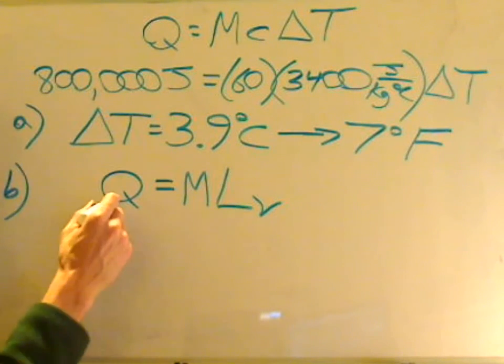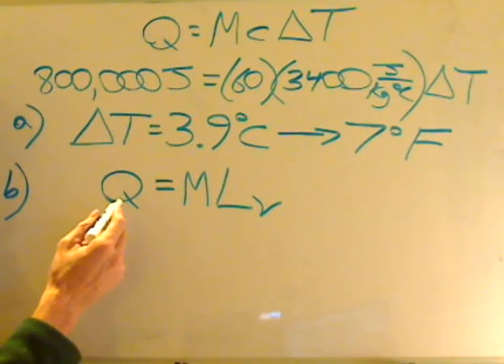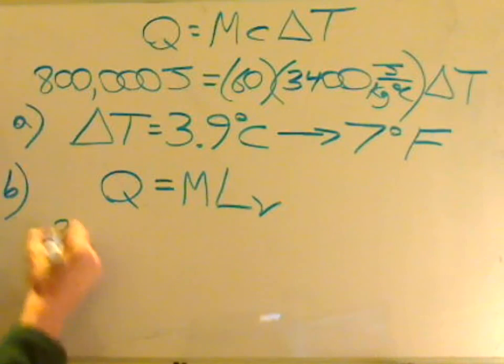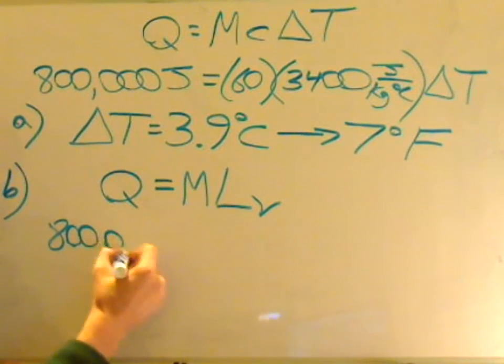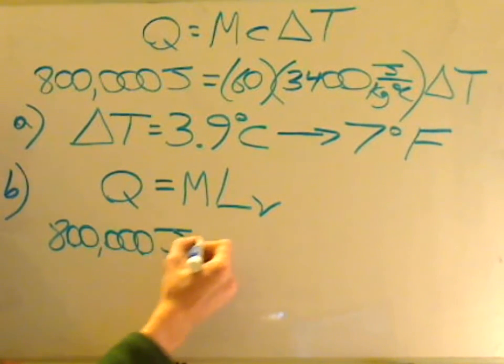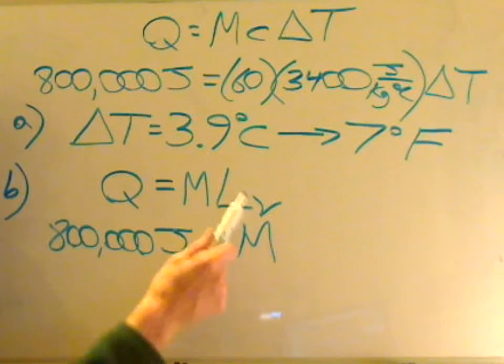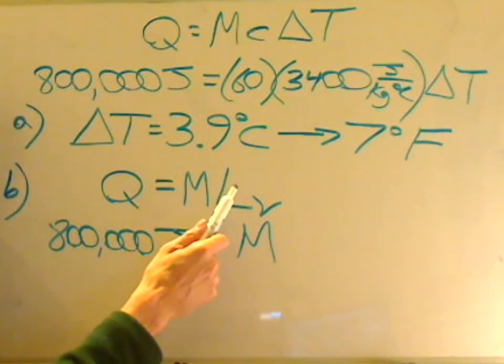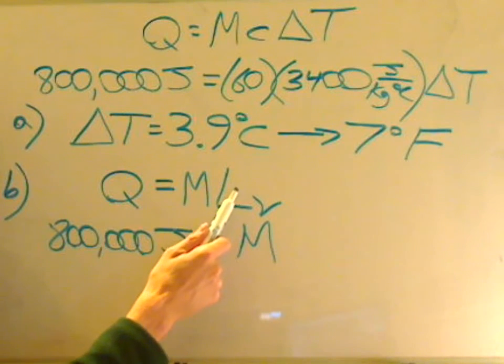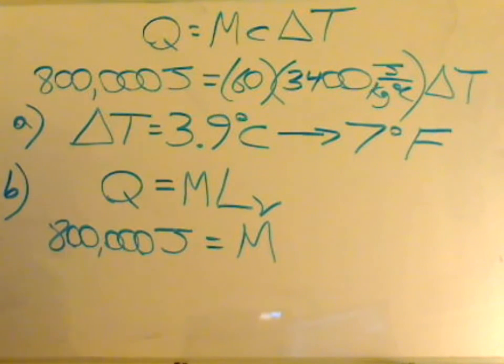Okay? So if we're trying to dissipate 800,000 joules of heat, there's our Q. And that equals the mass of water evaporated times the heat of vaporization of water. We look that up in the textbook.